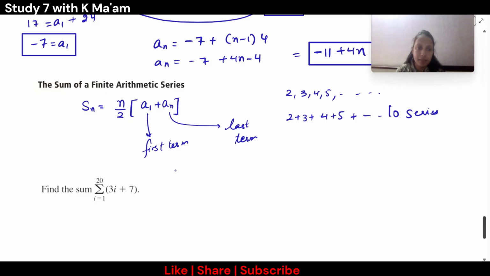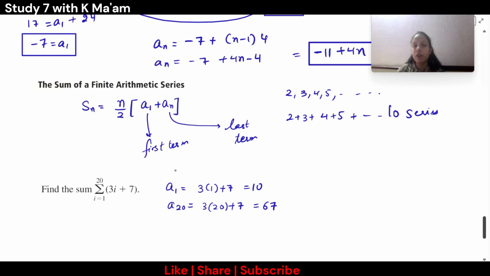So what is the first term? If I substitute 1, I will get 3 into 1 plus 7, that's 10. The last term is for 20: 3 times 20 plus 7. This is 67. The total number of terms is 20.